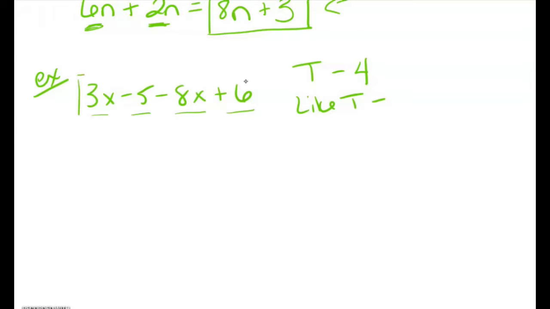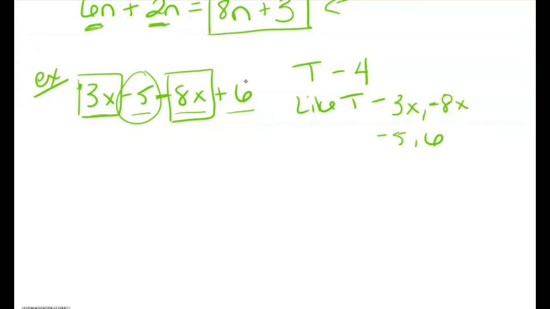So for us, we have 3x and a minus 8x. Keep in mind, I'm going to take with it the sign right before the term. So if I don't see a sign, I assume it's positive. But when I have a negative before the term, I'm bringing that negative with me and making it a negative 8x. Okay, we also have two constants here, a negative 5 and 6. Again, I took that negative with me because it was negative 5 in the expression.